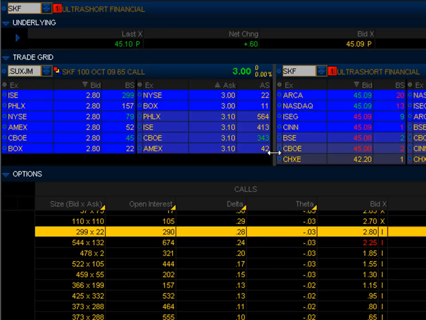By looking at the order amounts and the price, you can gain a little bit of insight as to the market activity. For example, on the ask side, we can see that there are two orders at each different exchange, the New York and the Boston exchange. There are 33 orders total to be filled at $3. After that, it's $3.10 for the rest of the exchanges.